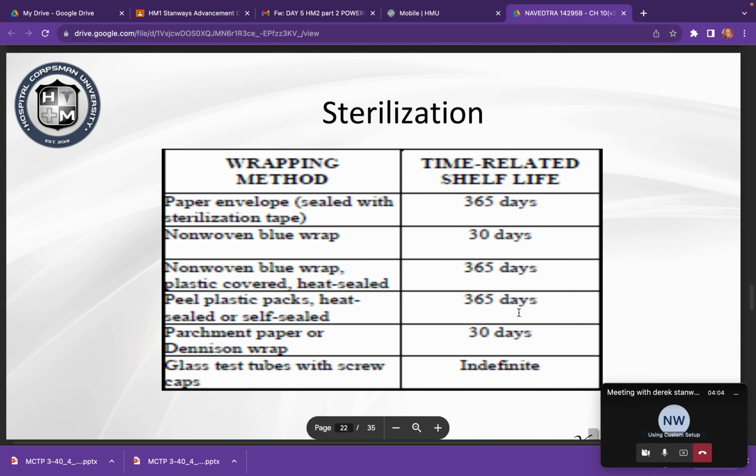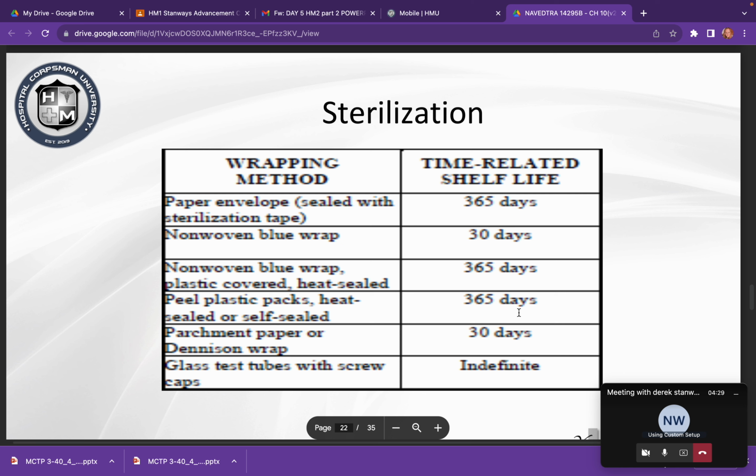So this is a wrapping method and its corresponding time-related shelf life. Paper, make sure you take note of this, is very important. Paper envelope has a shelf life of 365 days. Non-woven blue wrap, 30 days. Non-woven blue wrap, plastic covered, heat sealed, 365 days. Peel plastic packs, heat sealed or self-sealed, 365 days.